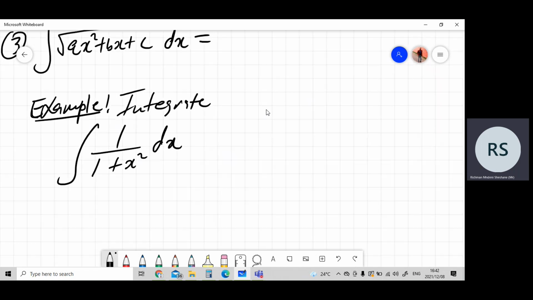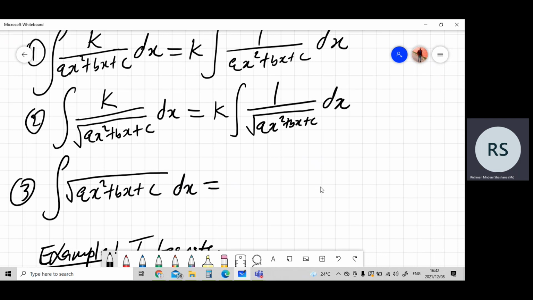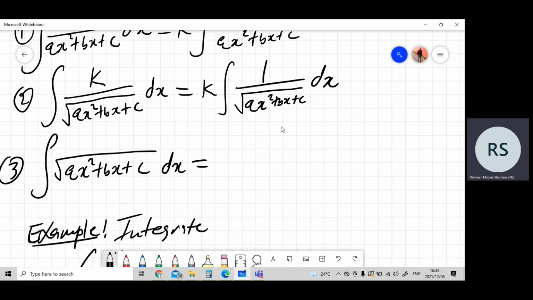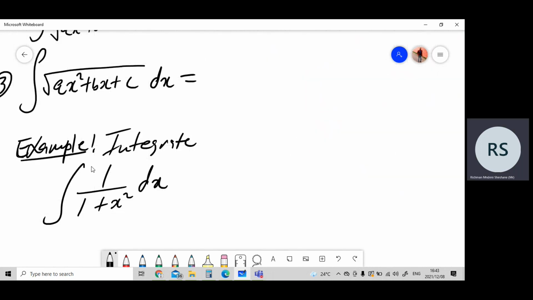So which form is this? If you check here, this is the first form: a constant over a quadratic. If you have any number beside 1, you can pull it out and have 1 over your quadratic. A quadratic is anything that is to the power of 2. If your expression has highest power 2, it's a quadratic. So here we have 1 over a quadratic.